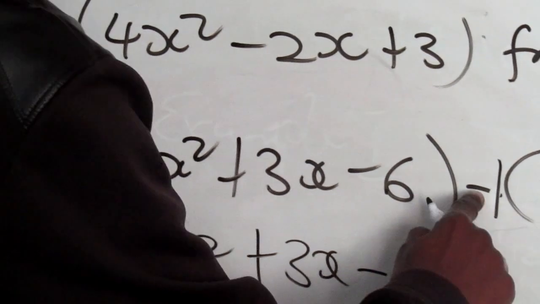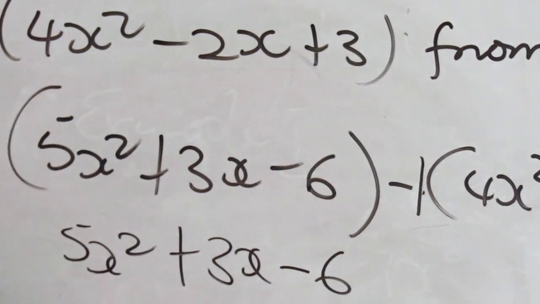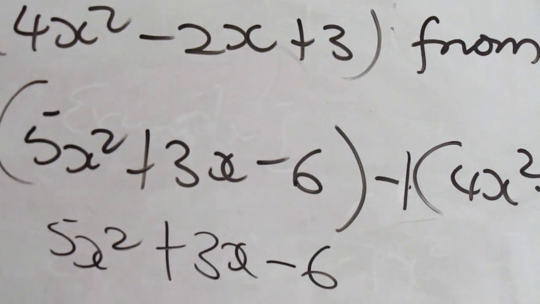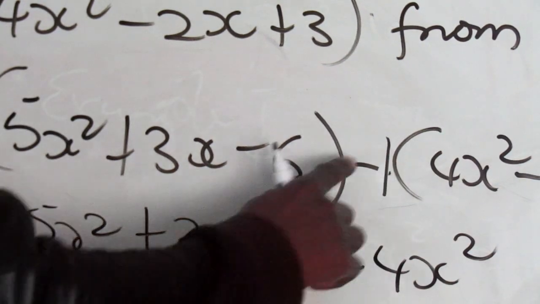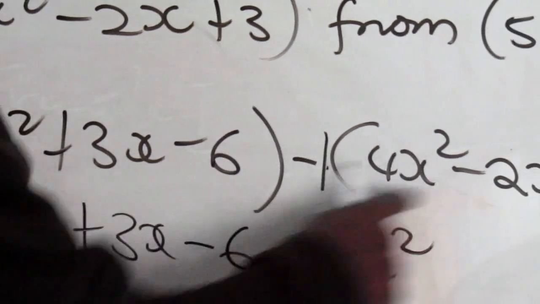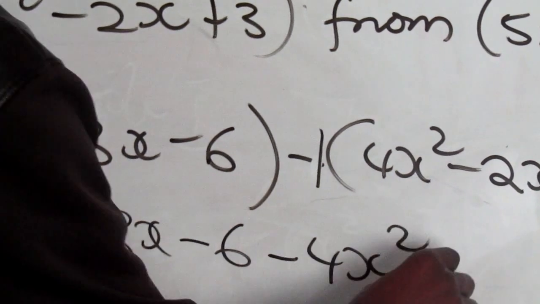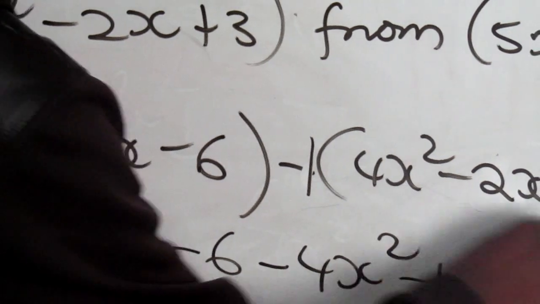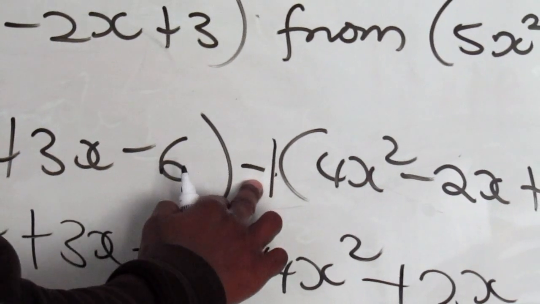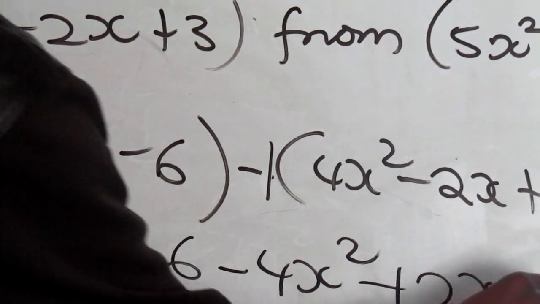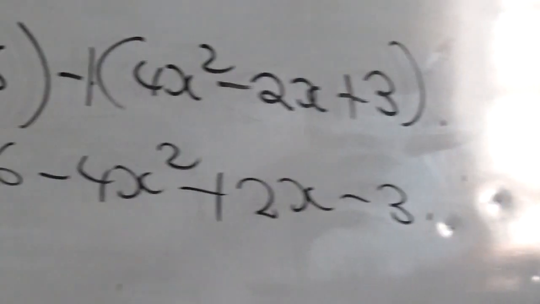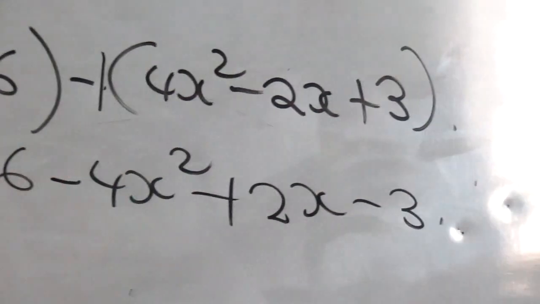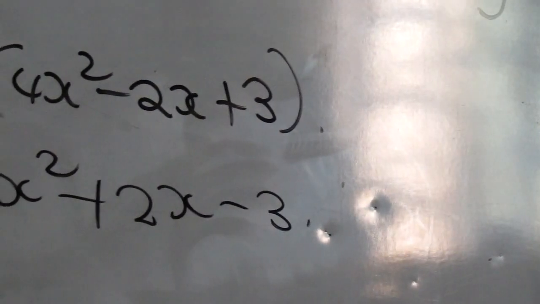Then negative 1 times 4x squared will get negative 4x squared. Then negative 1 times negative 2, we get positive 2x. Then negative 1 times 3, we get a negative 3. That's how we remove the brackets. And then from here, we simplify.